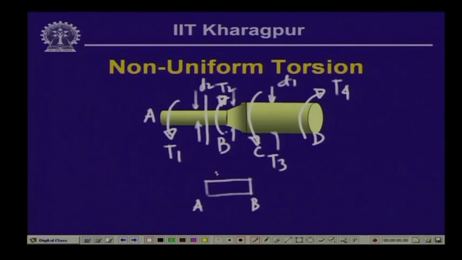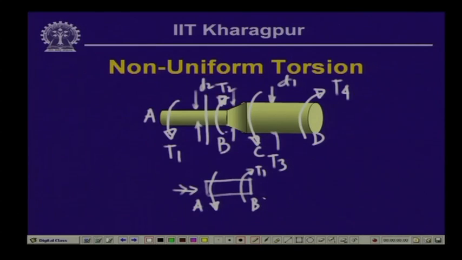So, we have a twisting moment acting in this, which is again a positive twisting moment. As we have defined, here we have the twisting moment T 1 acting, which will be opposing this. So, this is T 1.